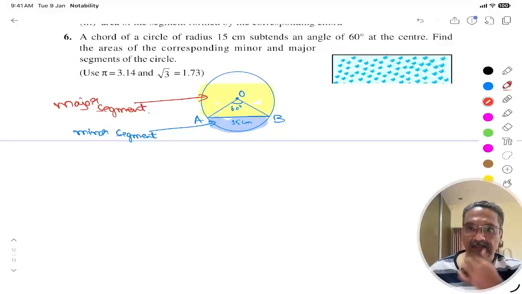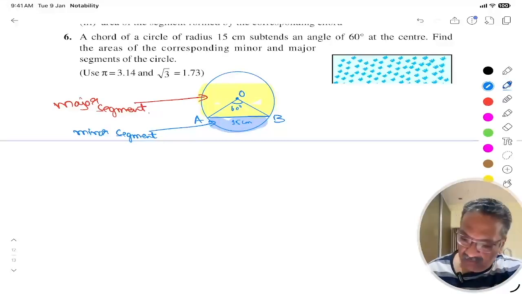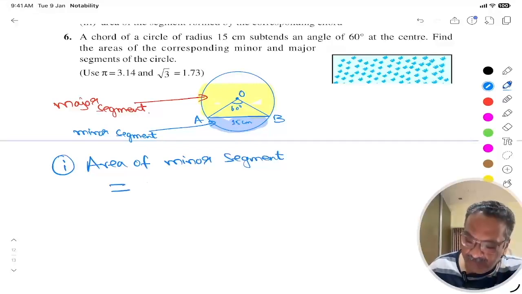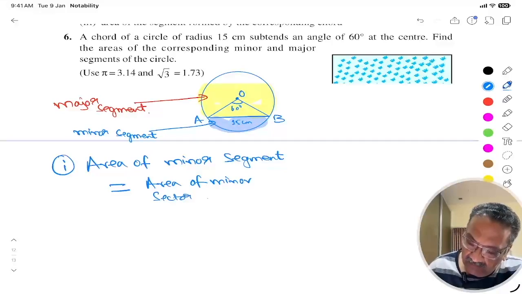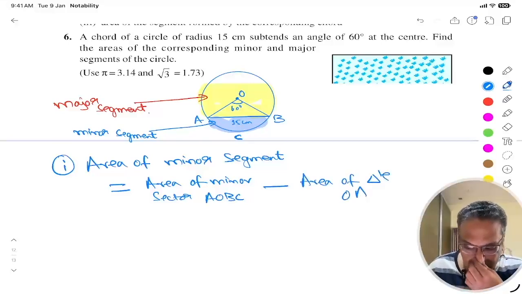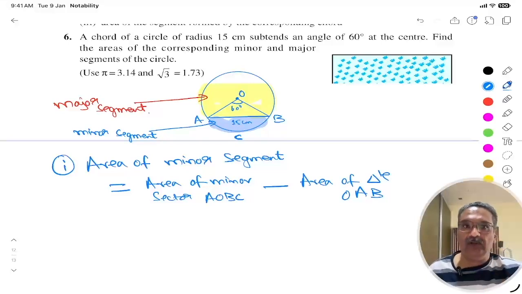Do we know the radius? No. See, so what is the formula for the first, what he has asked is area of minor segment. Now what is the area of the minor segment? This is nothing but area of minor sector AOBC, I will call this point C, minus area of triangle OAB. Alright.